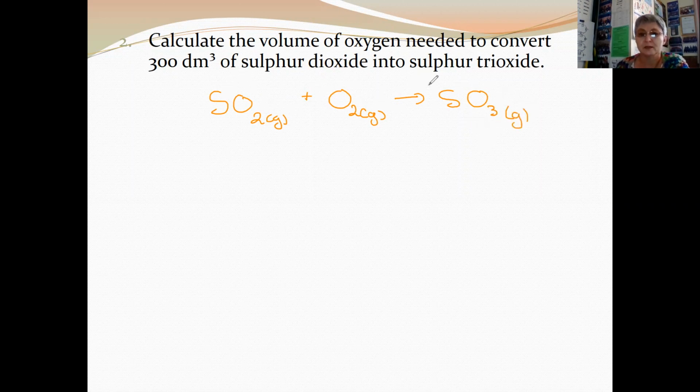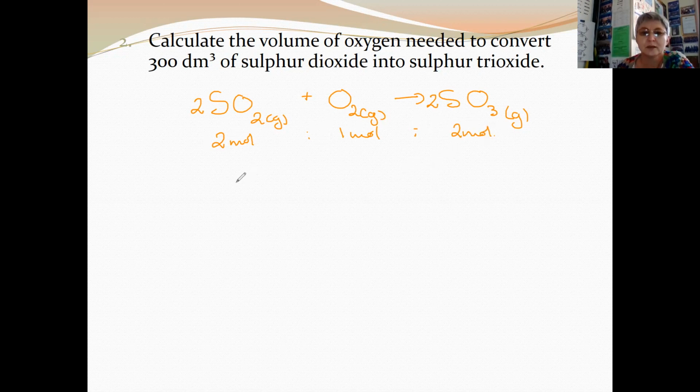We need to balance the equation. Two sulfur trioxides would be formed by two sulfur dioxides reacting with one oxygen. So the mole ratio is 2 moles to 1 mole to 2 moles.